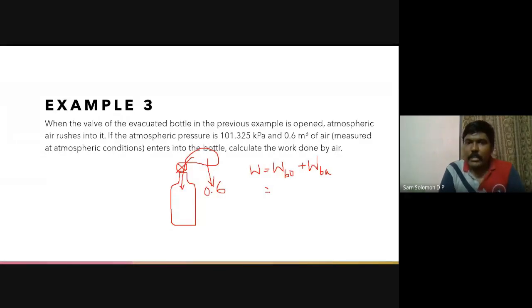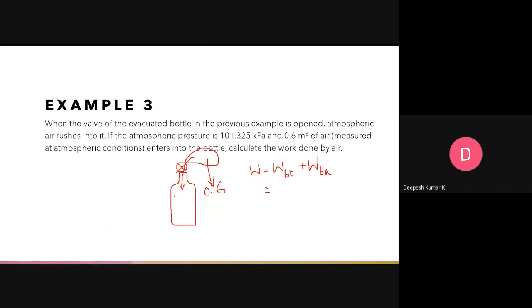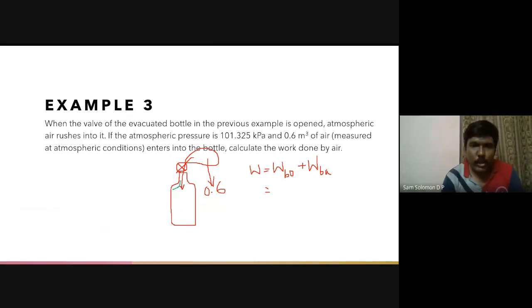So that's why in the previous case we also drew the boundary. For the last question, one person said that there is no change in the boundary at all, which means there is no work done in case of the bottle.